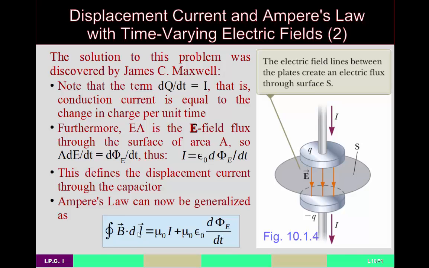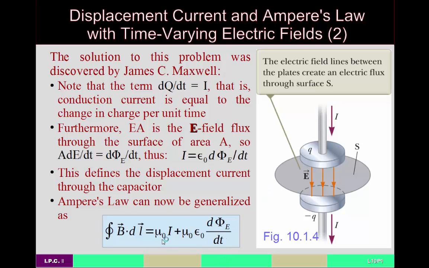So now, instead of just being equal to the permeability of free space times the current, this integral B dot dl around the closed Amperian loop is equal to the permeability of free space times the conduction current that passes through the area bounded by that loop, plus the permeability of free space times this new term that we could call the displacement current, which is the permittivity of free space times the derivative of the electric field flux with respect to time.